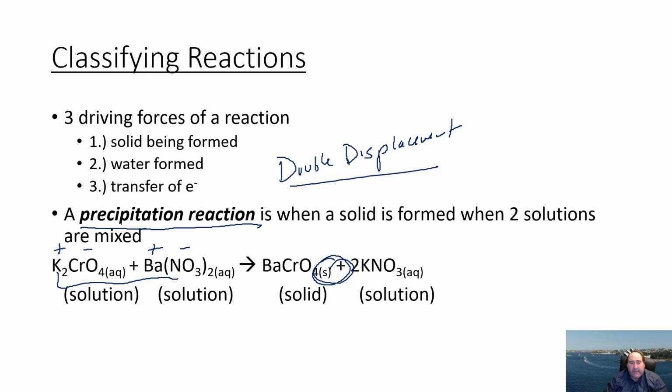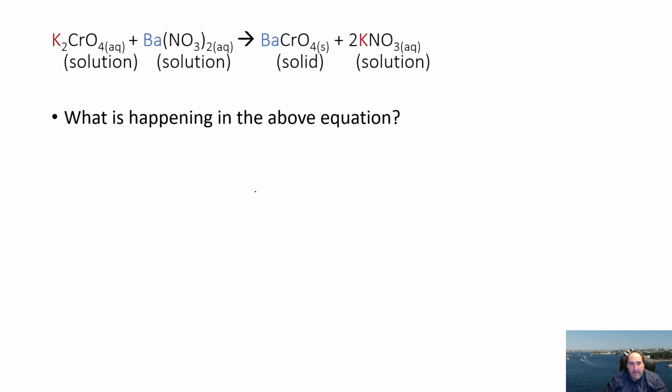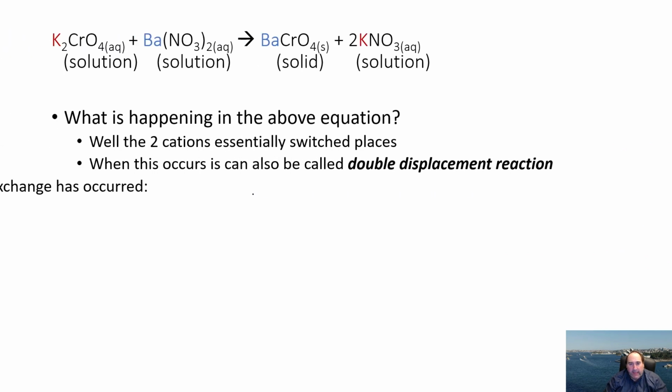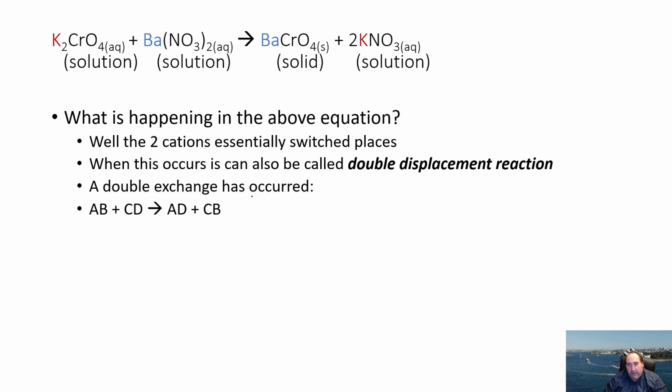And our potassium and nitrate come together, which is what we see here, and our barium and our chromate come together, which is what we see here, right? Our double exchange. And again, this is under the big umbrella of double displacement, more specifically our precipitation reaction where we are switching partners. We got our potassium going to hook up with our negative nitrate, which makes our potassium nitrate.